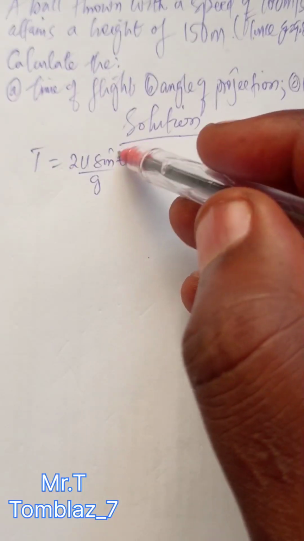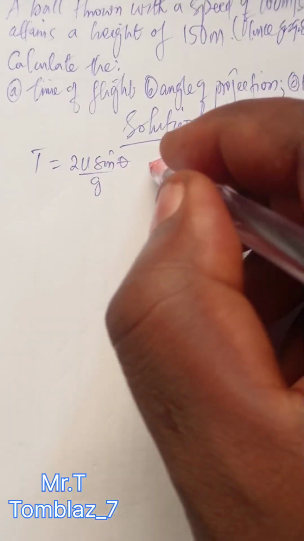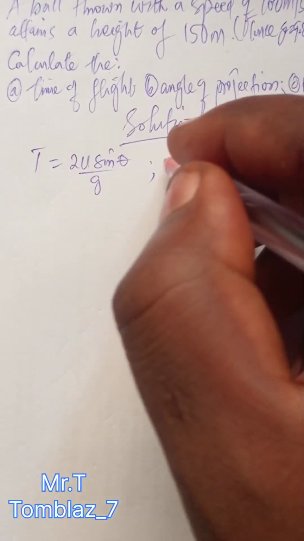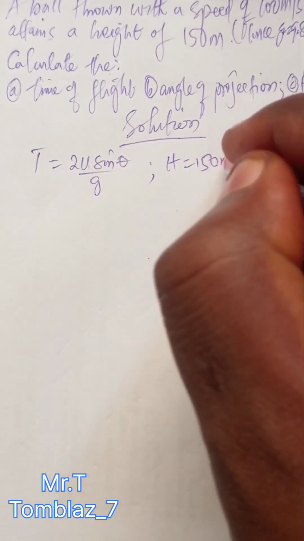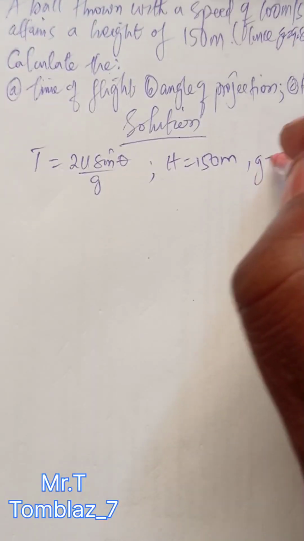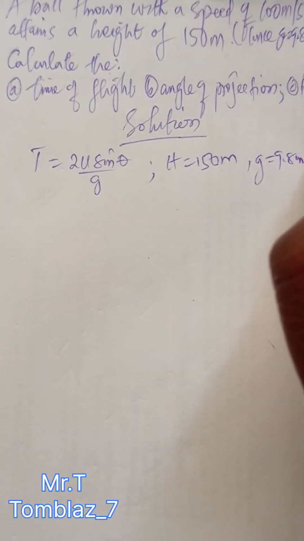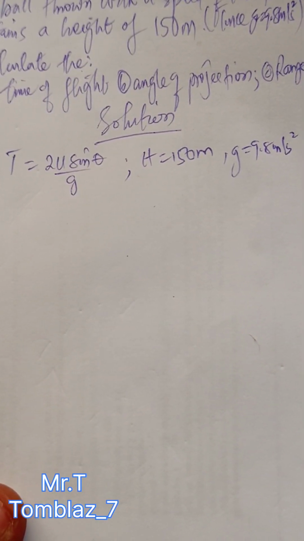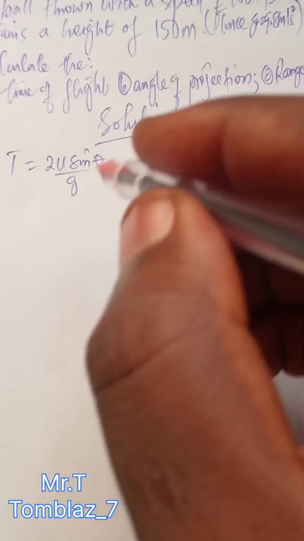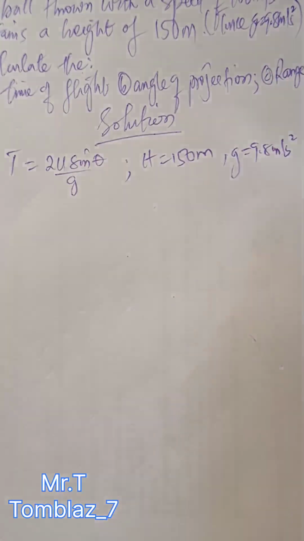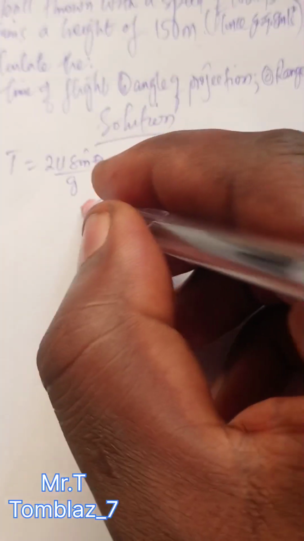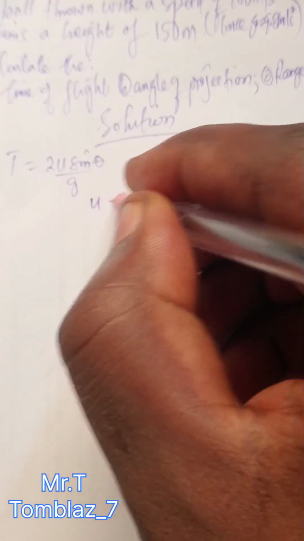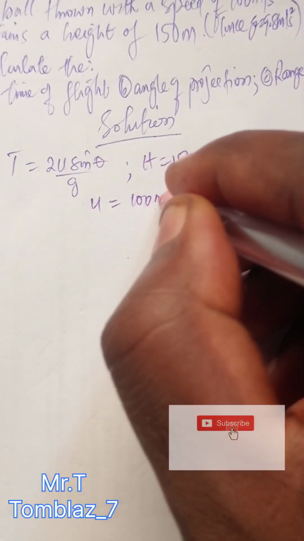Based on what we have been given, the height is 150 meters, g is 9.8 meters per second squared, and the speed u is 100 meters per second.